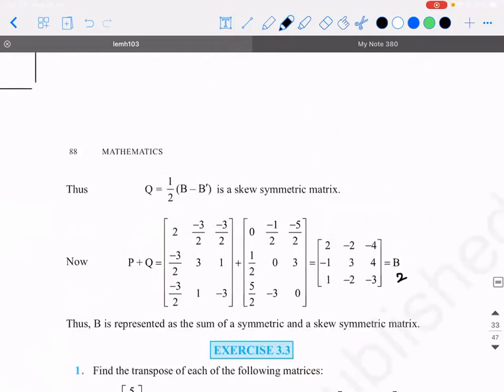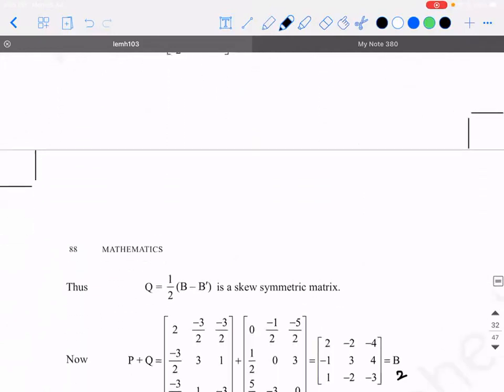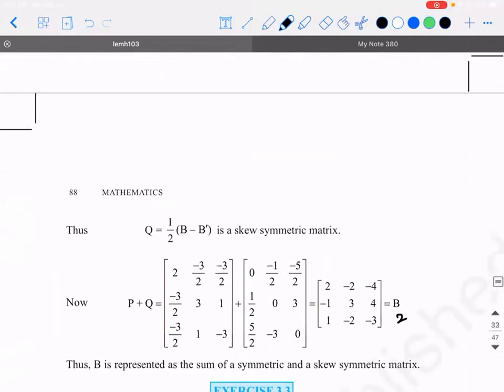Divided by 2 is 2, minus 3 by 2, minus 3 by 2, minus 3 by 2, 3, 1, minus 3 by 2, 1, 3. So this is B plus B dash by 2. Similarly, find out B minus B dash by 2. Then what you can do is express B as the sum of these two values. That will be the answer.